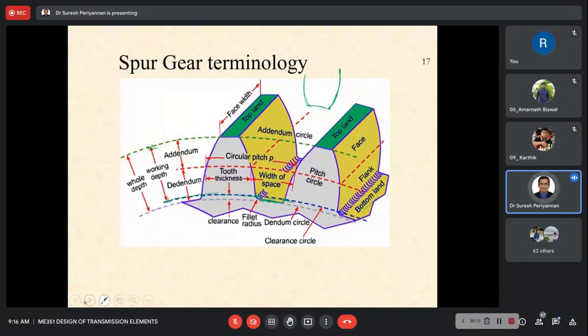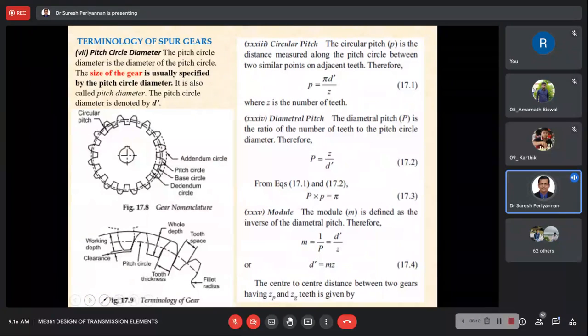Then we know the circumference: d dash is our pitch circle diameter, so pi d is our circumferential dimension, divided by z, the number of teeth. It gives us the circular pitch dimension, small p.